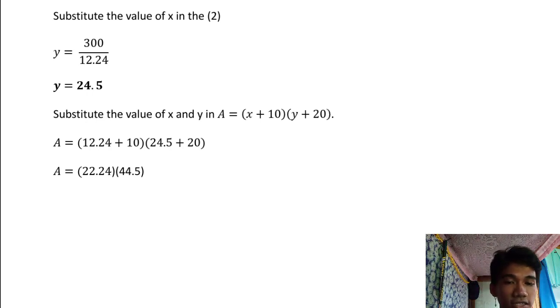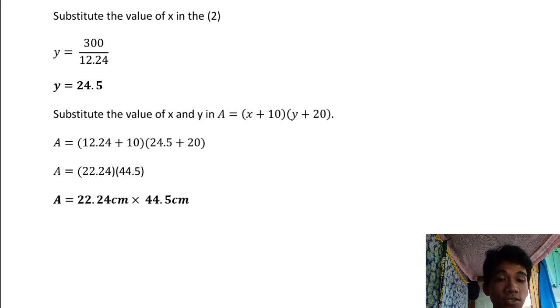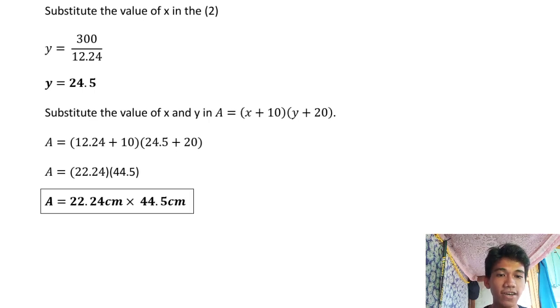Then mao na ang answer nga ang area niya is 22.24 cm by 44.5 cm, and mao na ang total niya value sa area dito sa overall dimensions niya. So we're gonna put a box on it so that it is the final answer.